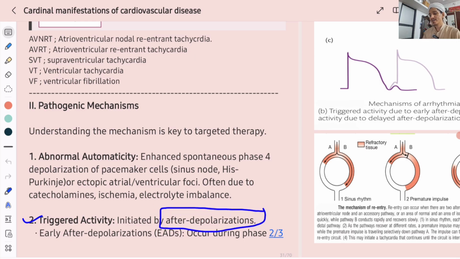During the afterdepolarization, the cell repolarizes, but due to some impulse, due to some ectopic activity, the depolarization will occur in the middle or at the end of the repolarization phase, and when it reaches a threshold, it will generate an arrhythmia. Remember, afterdepolarization can be early afterdepolarization or late afterdepolarization. Just remember this. There are figures on the next page. There you will understand it better.